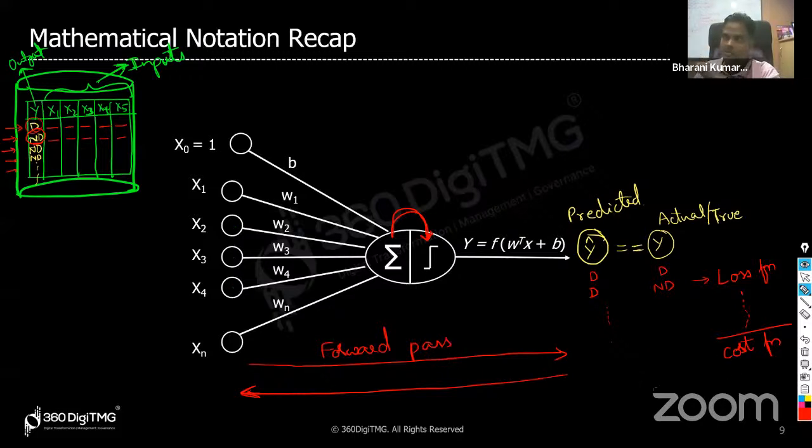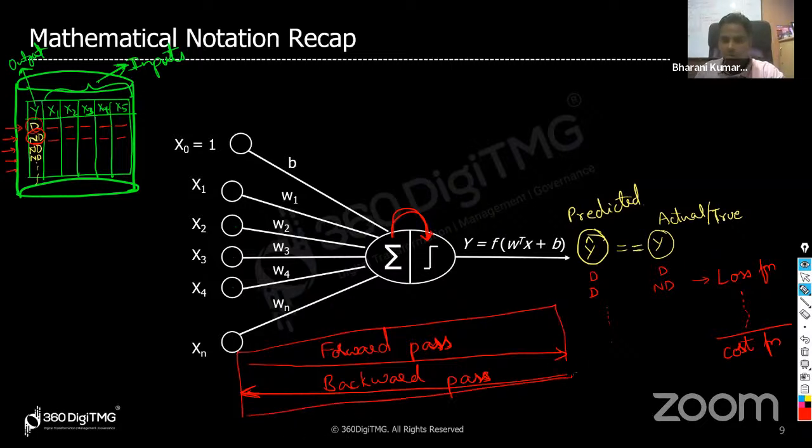With that cost, if you go back and update the weights, it is called a backward pass. So you have a forward pass, you have a backward pass. The forward pass and backward pass together are part of an algorithm called the backpropagation algorithm.